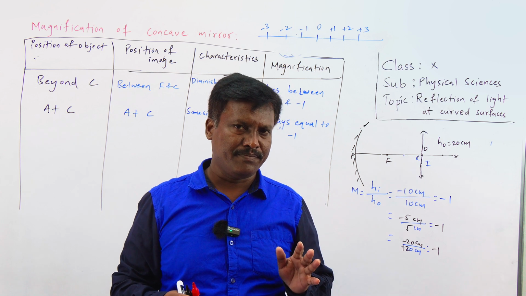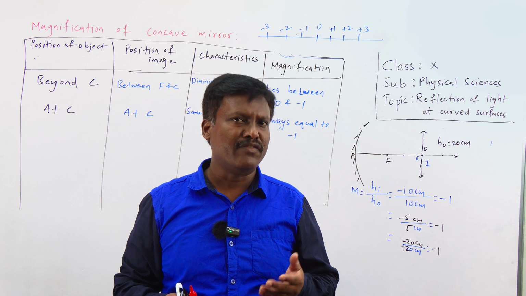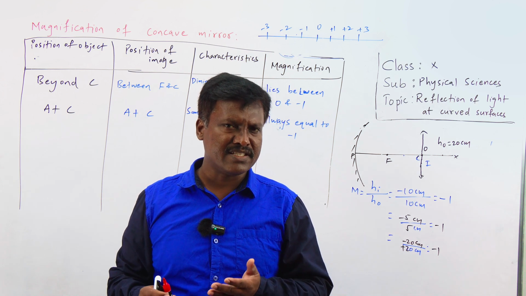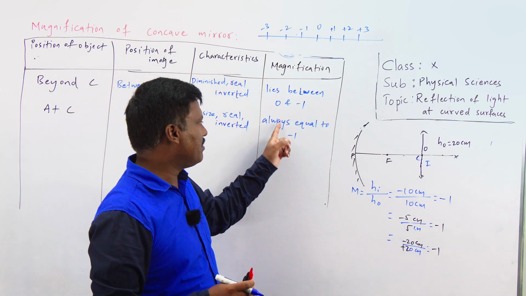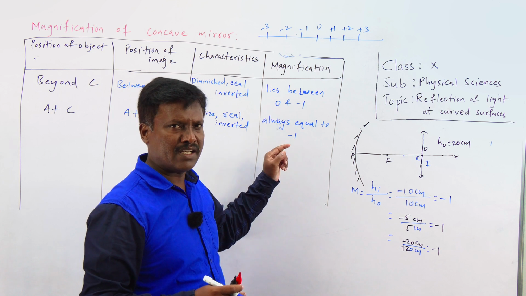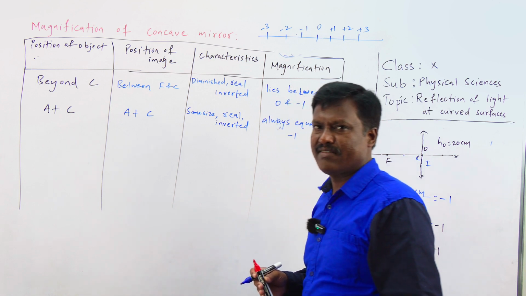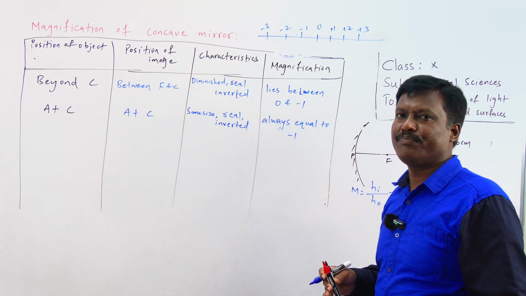Draw the ray diagram. Okay, so which diagram will you draw? Where do you place the object? Beyond C, at C, between F and C? That is why you have to remember the values. If the magnification value is minus 1, the object compulsorily should be placed at the center of curvature. At that point only we get the magnification value minus 1.